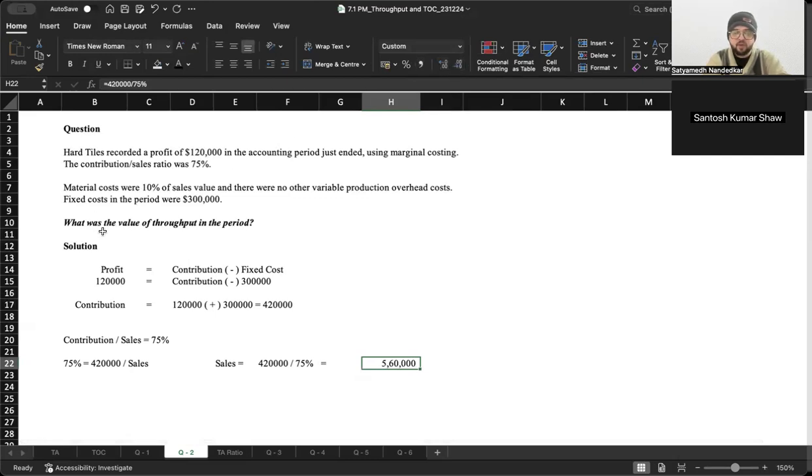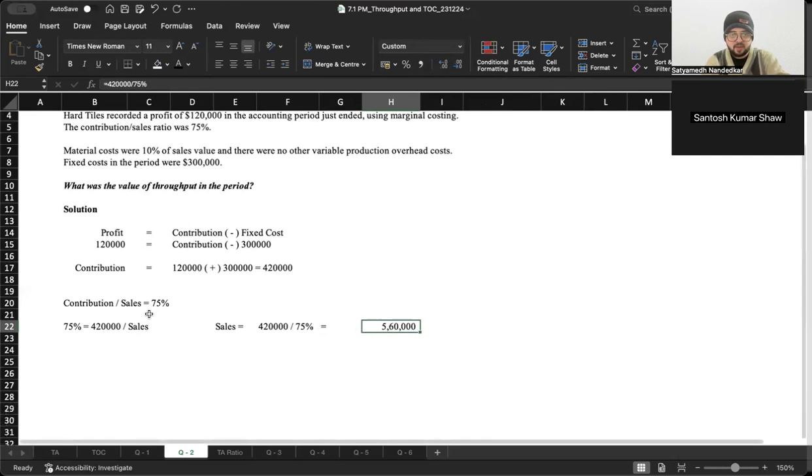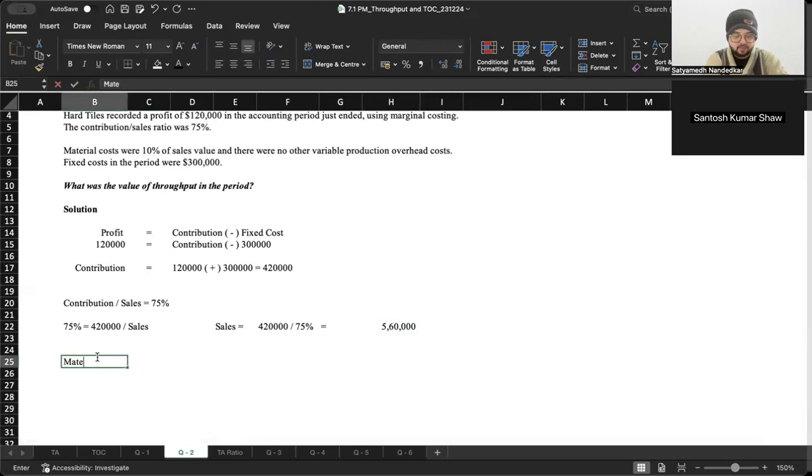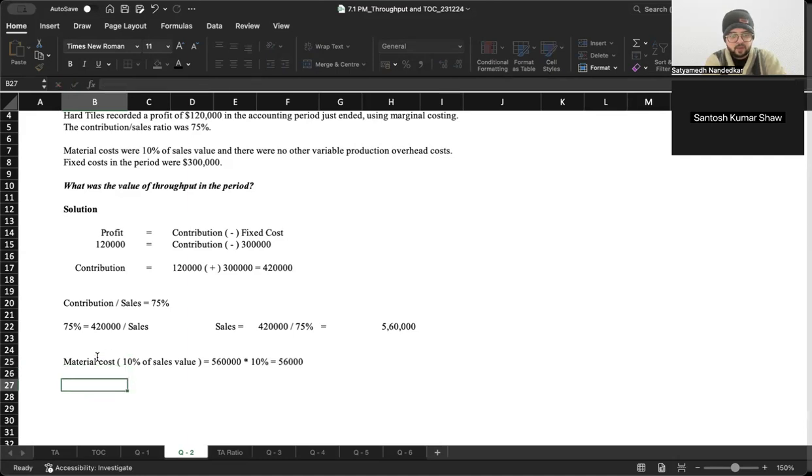They have asked me the value of throughput. Throughput is sales minus material cost. And what is the material cost? Material cost is 10% of sales value. So that will be 5,60,000 into 10%, which is 56,000.